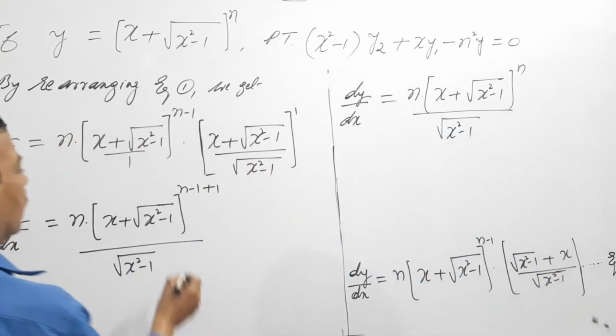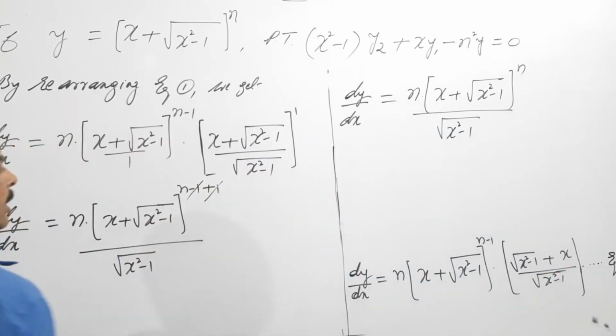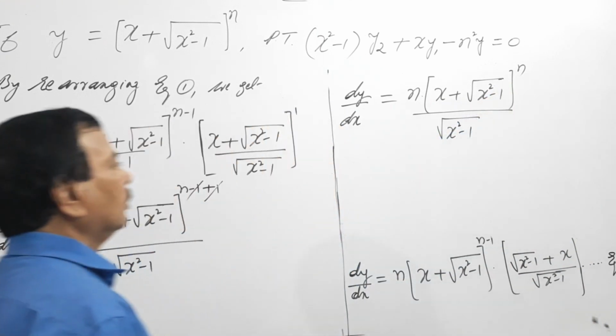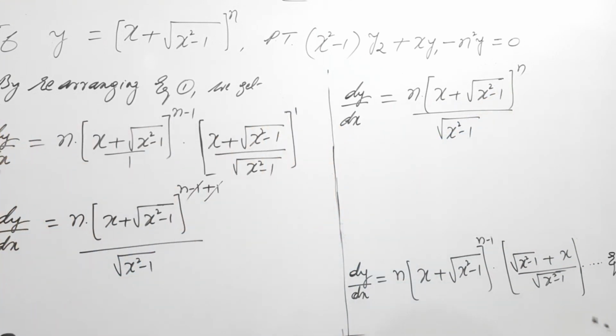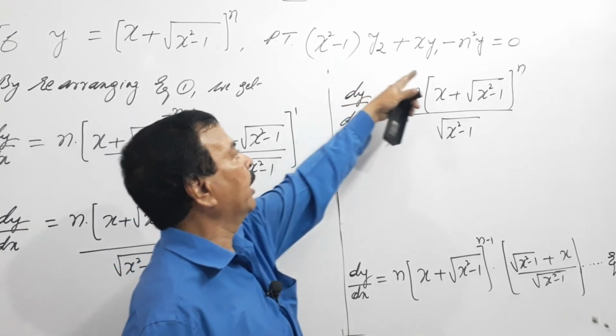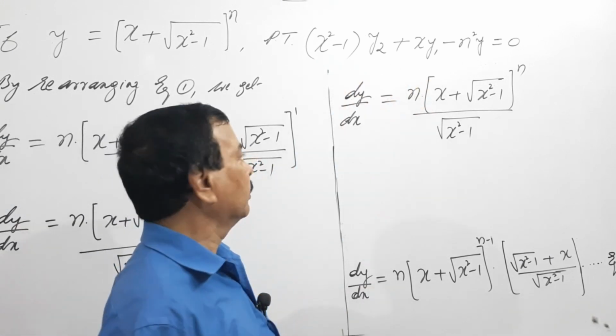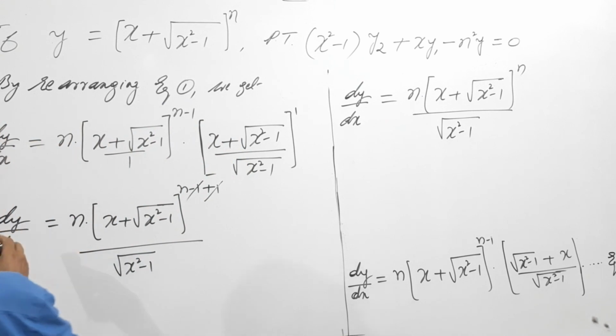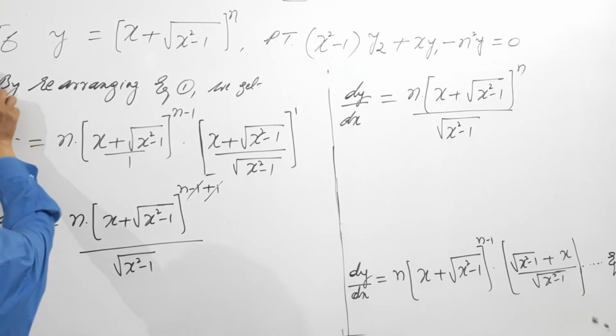So here plus 1 minus 1 cancels, so we get to the power of n. Now what I will do is, this dy by dx is nothing but y1, but I want y2. So what I will do? I rub this.